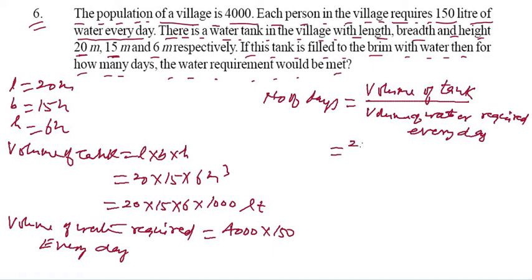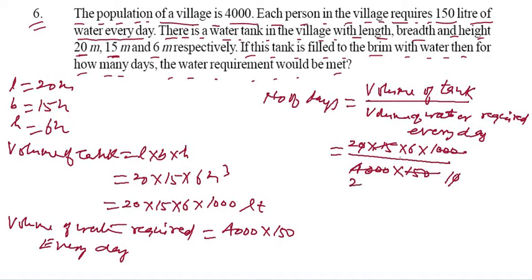The volume of tank is 20 into 15 into 6 into 1000. Now every day, that is the 4000 into 150. Now 30 is cancelled out here. Now come to the 15 10 here and 10 is also cancelled out here. So we can say 2 2 4 and 2 1 2 and 2 3 6. So you can say only 3 days. So that one is your answer.